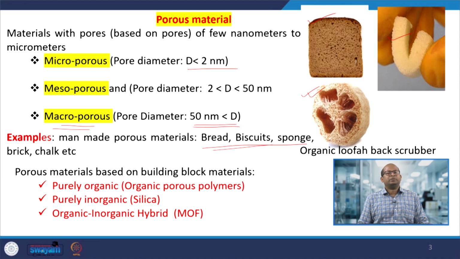Whether the material is porous depends on what we use to prepare it, purely organic materials, for example. If we use organic materials as precursors, we develop organic porous polymers or composites that consist of pores. Or it may be purely inorganic.